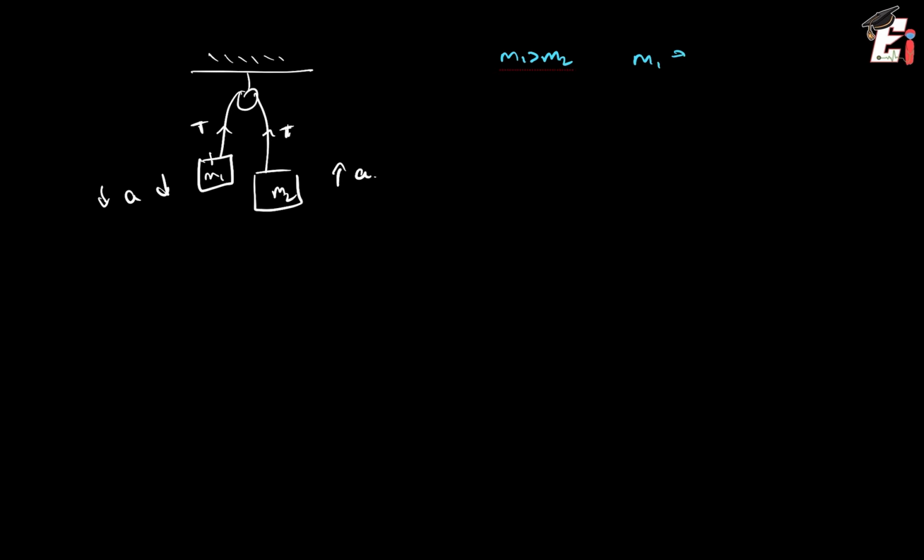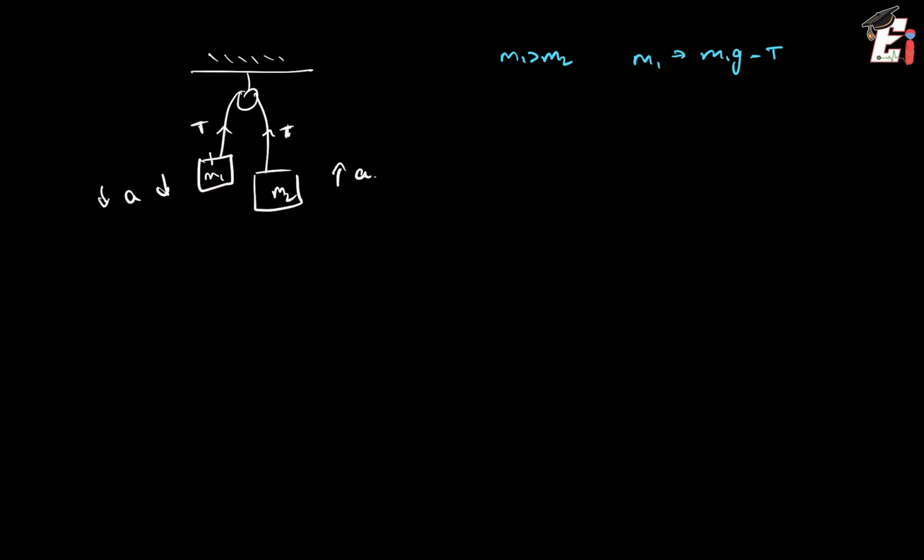So for mass 1, m1g is the force, minus the tension force acting upward. If you focus on mass 1, downward m1g is acting, and upward T is acting.